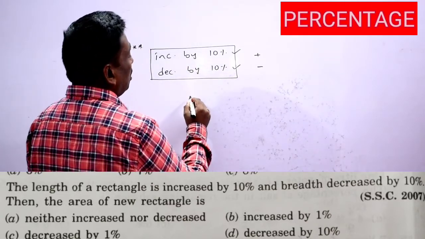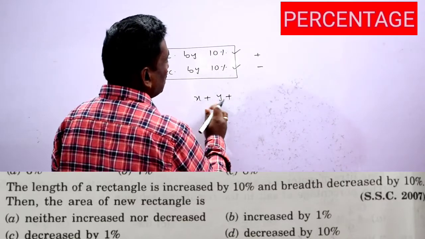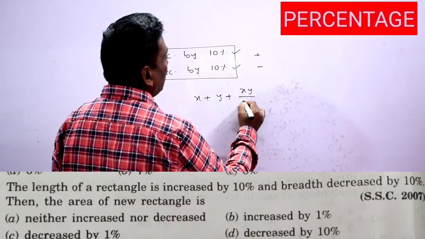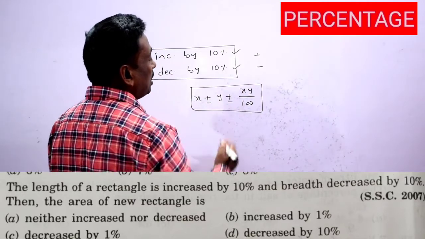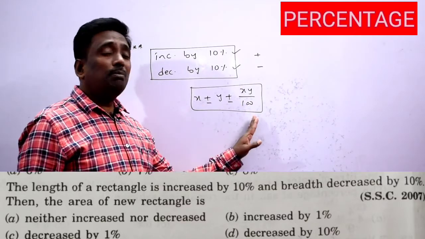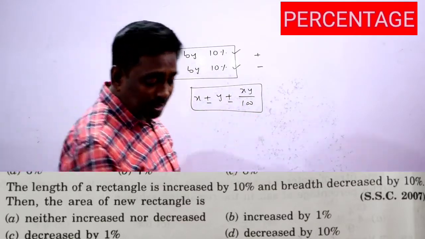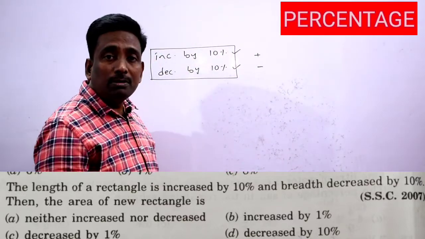One formula is also there, that is x plus y plus xy by 100. Somebody says plus or minus may be there. No need of this formula. Very simple logic is there. Without using this formula also we can solve this type of problems.